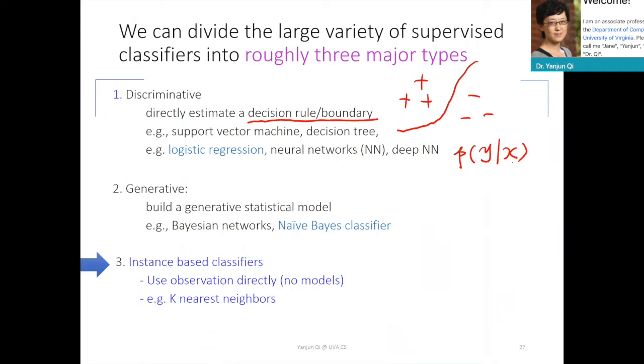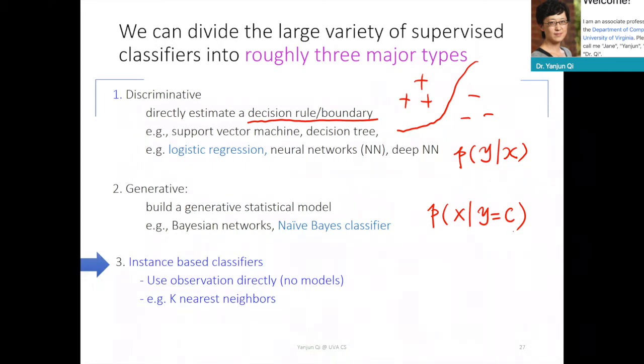Today and the next lesson are the last two lessons in section 1. The second group is called generative classifiers, and this group actually models P(X|Y), where Y is a specific class.